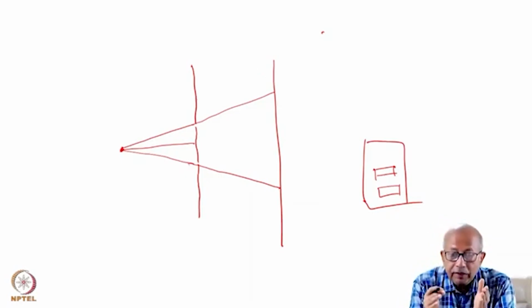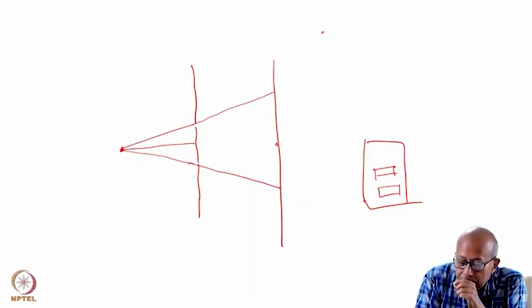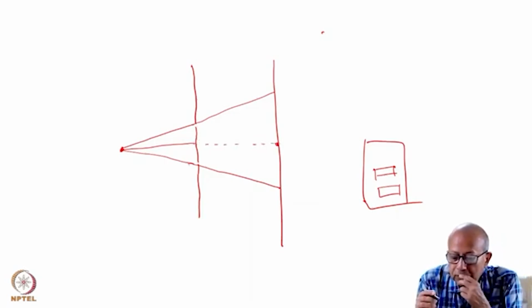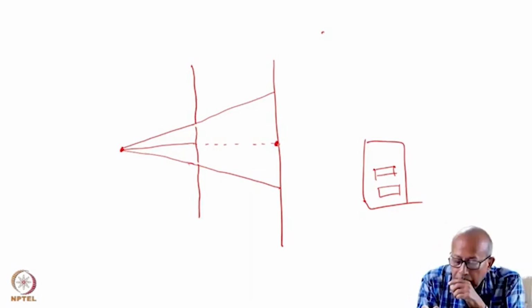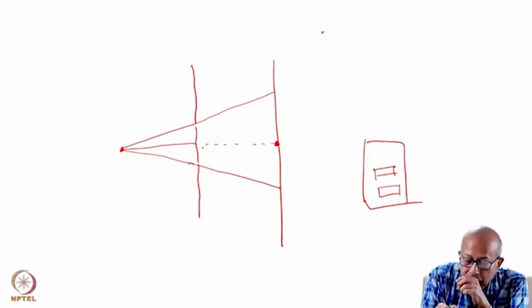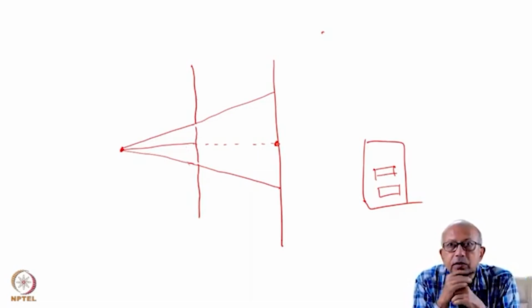But in the experiment, Young found that at the center of the screen, which was again equidistant from these two slits, there was a bright region, and the presence of this opaque barrier would forbid any light reaching this region.